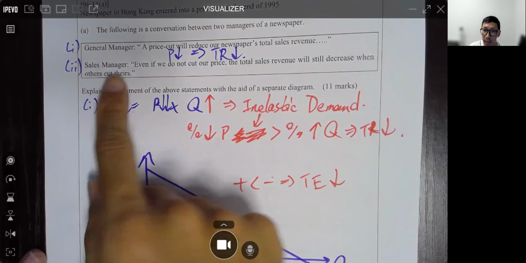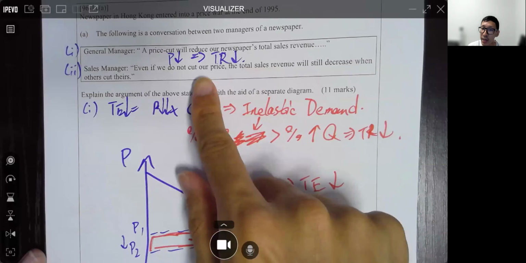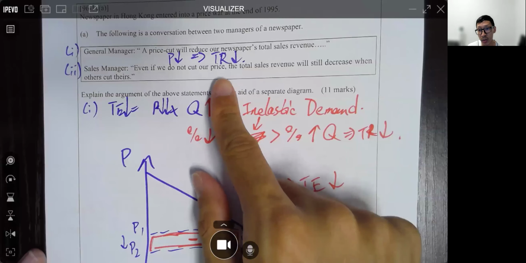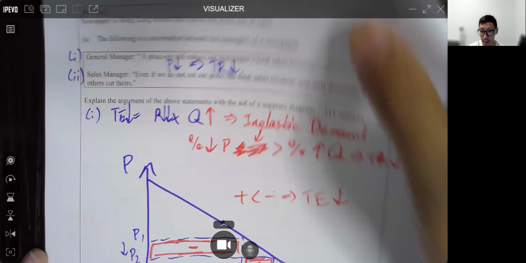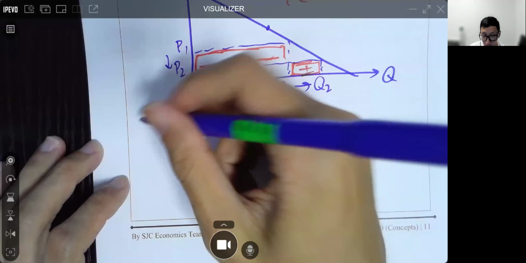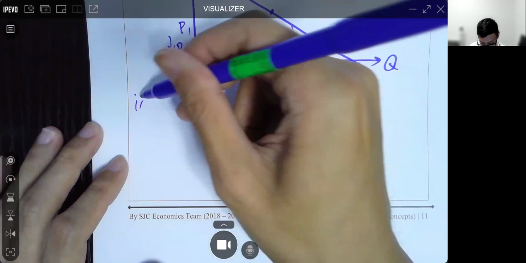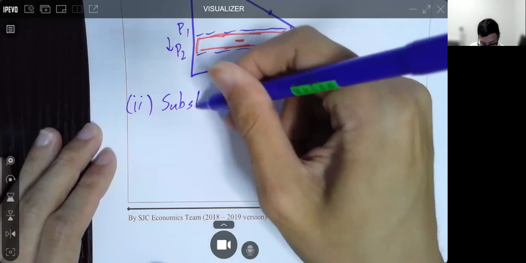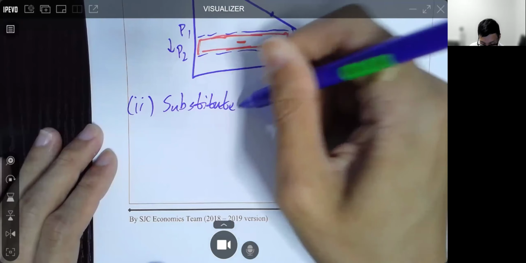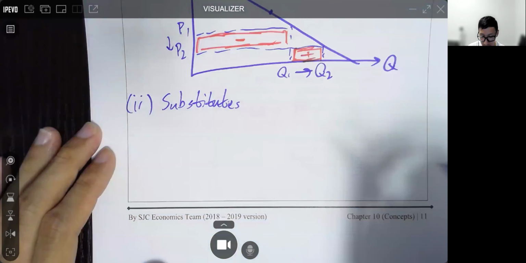Now, what about sales manager? Sales manager says that even if a price remains unchanged, when other cut theirs, 你見到 other 即刻諗起咩啊？Yes, I think most of you already know the answer. We know that they are substitutes. Different newspapers are substitutes.